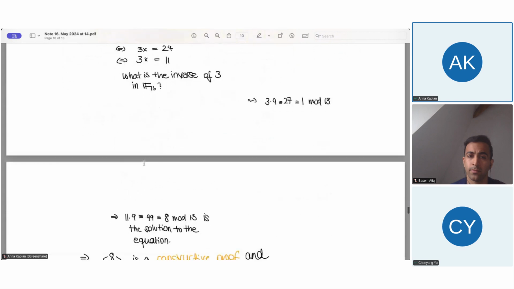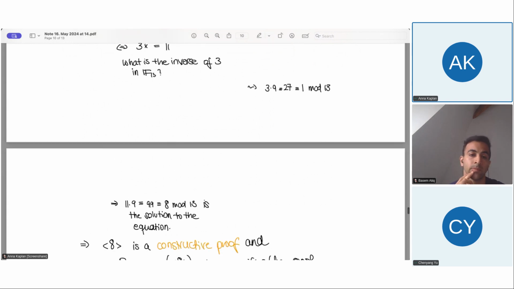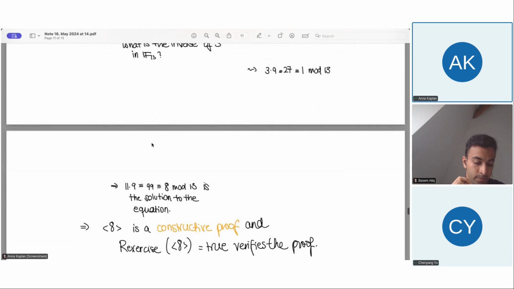So we found a solution. We multiply 11 by this inverse of 3, which is 9, and this gives x. 11 times 9 is 8 mod 13, and that's x, the solution to the equation.